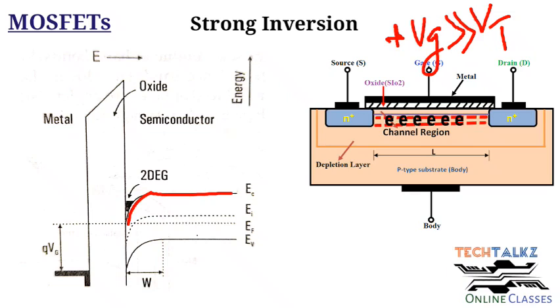So on a p-type substrate, an electron layer is created and it is called the channel. Here it is an n-type channel. So the p is inverted into n. That's why it is called an inversion layer. And this layer will provide a conducting channel between source and drain. So the electrons can move through this channel between source and drain.